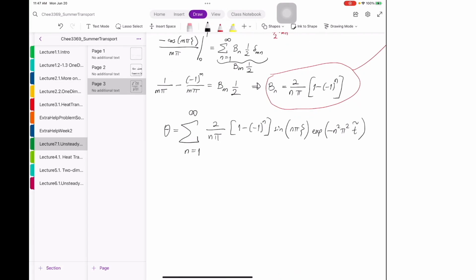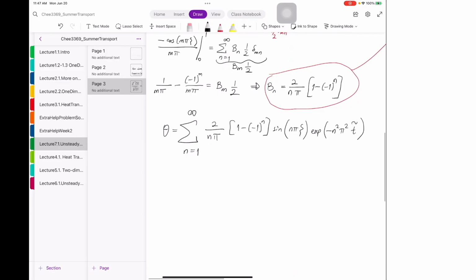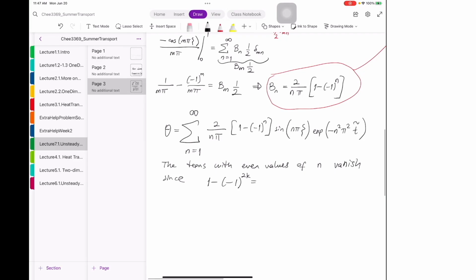And you can actually see that the terms with even values of n vanish, since 1 minus (-1)^(2k) is equal to 1 minus positive 1, which is 0.